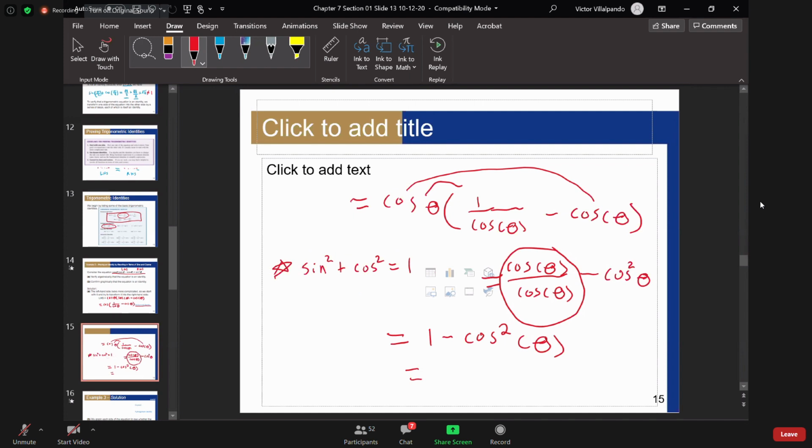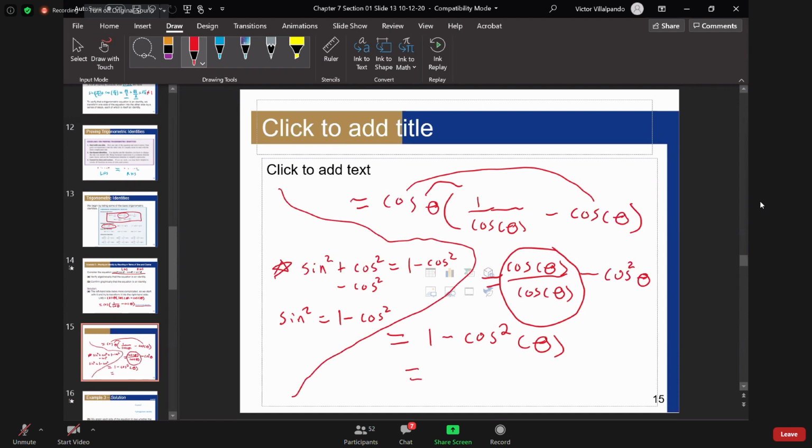So all we have to do is subtract cosine squared on both sides. So we're left with sine squared equal to 1 minus cosine squared. Hopefully you can piece this together.